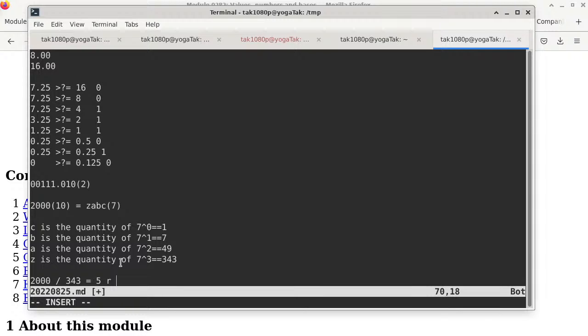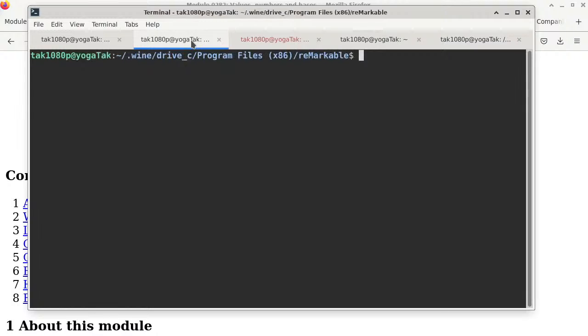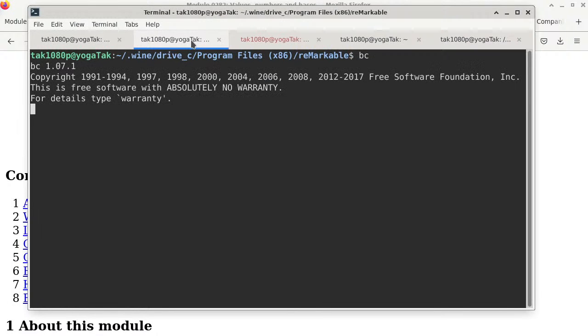So I'm going to cheat and use an actual calculator. 2,000 divided by 343 is 5. Okay, I need to find the remainder. So it's 2,000 minus 343 times 5, 285. Is that right? Yeah, that's nice.